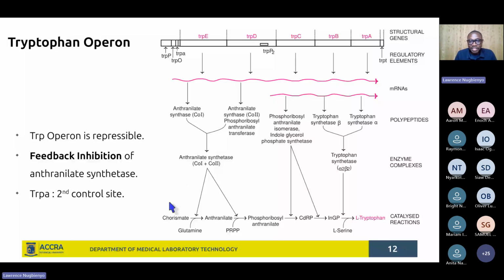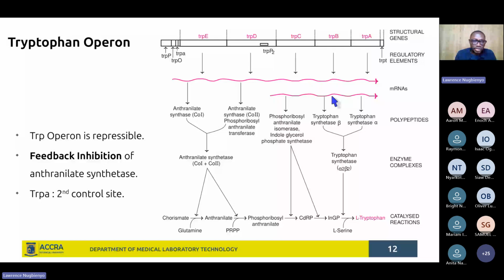So yes, we see here too, there are some control sites like the promoter region, the operator region. There's even some activator region, what is referred to as the second control site. And then you have some other promoter region also here, which is for the A, B, and C, particularly for the shorter messenger RNA.